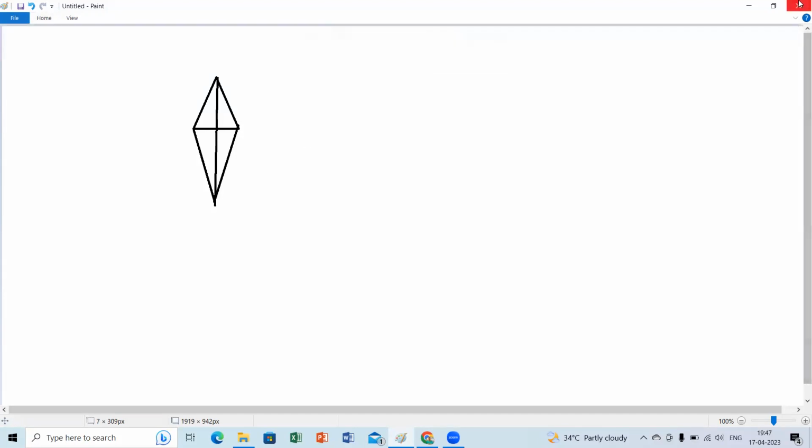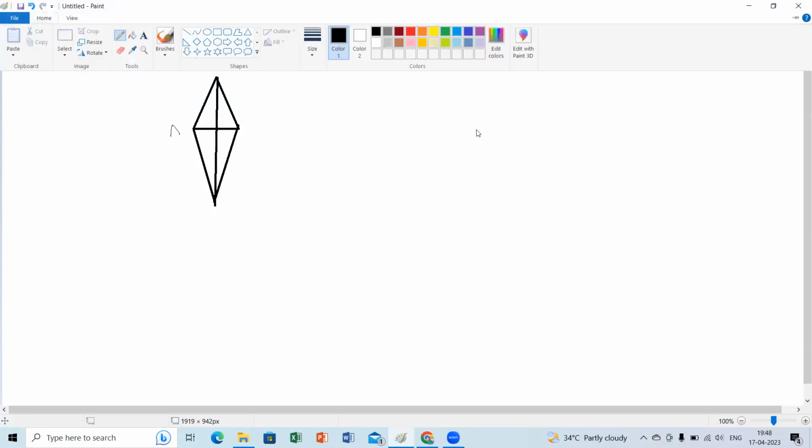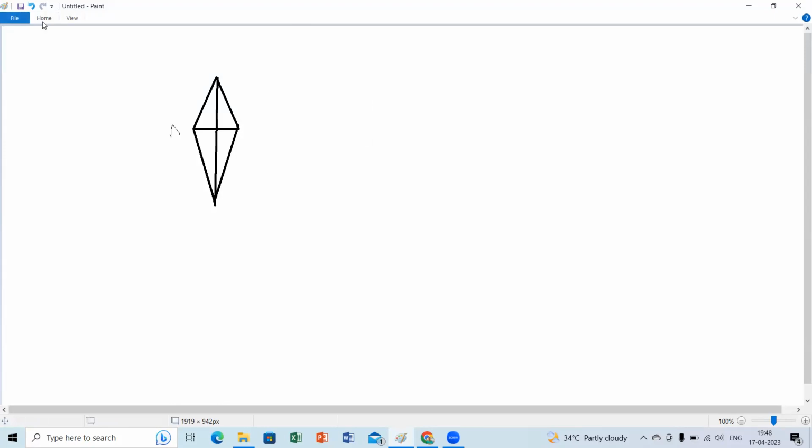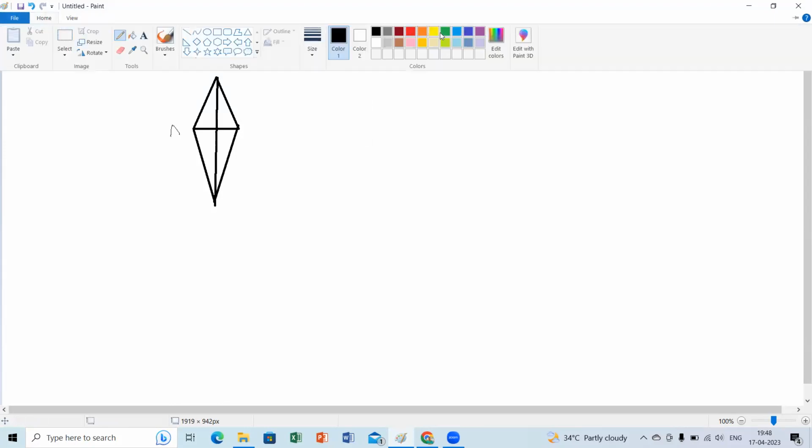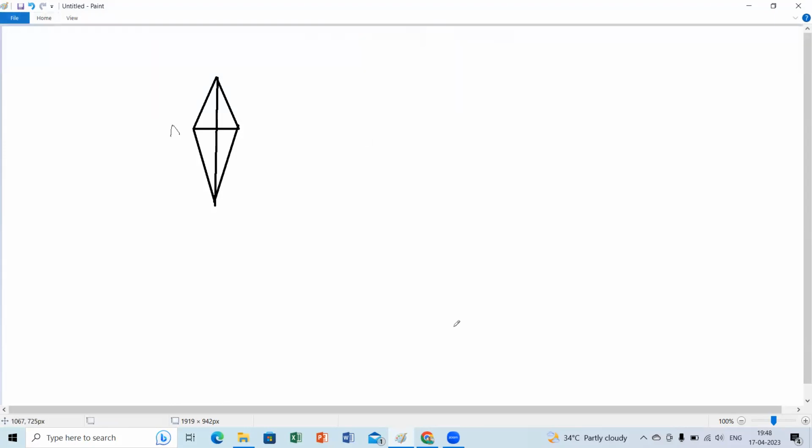The name of the kite is PQRS or ABCD, either clockwise or anti-clockwise, you can take any way. So A, B, C, D. Now, what are the diagonals here?